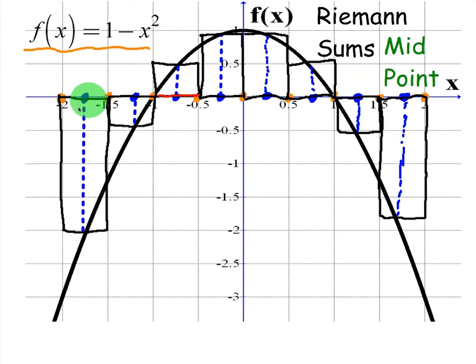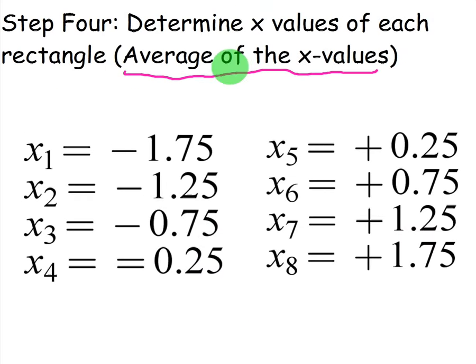To find your first x value, you would take -2, add -1.5, and divide by 2 to get -1.75. You'll keep doing that all the way up until your last x value, which is the average between 1.5 and 2. So that gives you your 8 x values for your midpoint, -1.75, -1.25, all the way up to 1.75. Definitely lots of symmetry going on here.